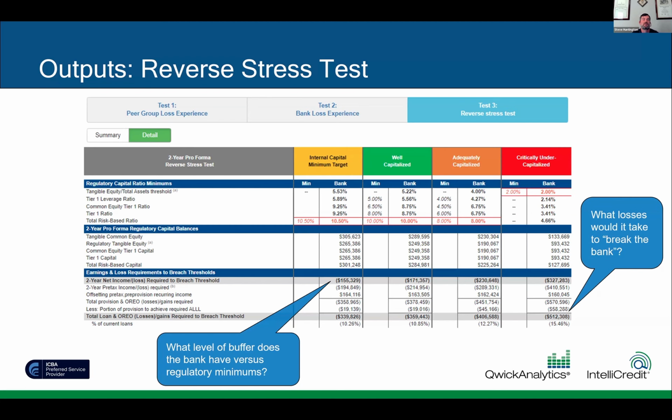But leaving the default values, in most cases, is certainly acceptable, because what we're doing here is stressing your current portfolio, right? We're taking what we know about your portfolio as it is today, and then reprojecting losses and reprojecting the impact on what your balance sheet and income statement looks like today.